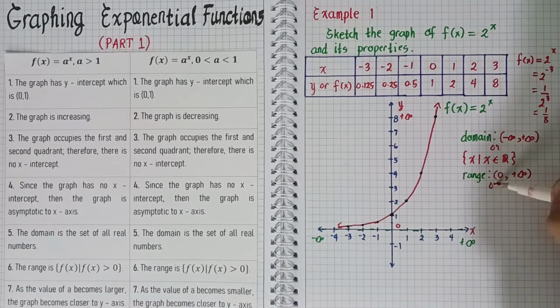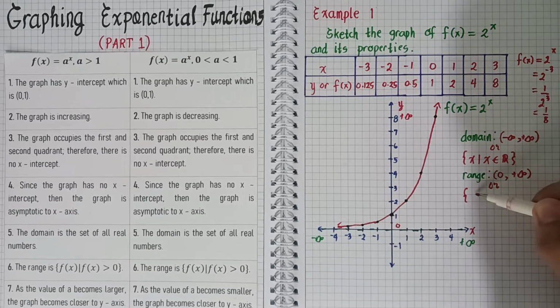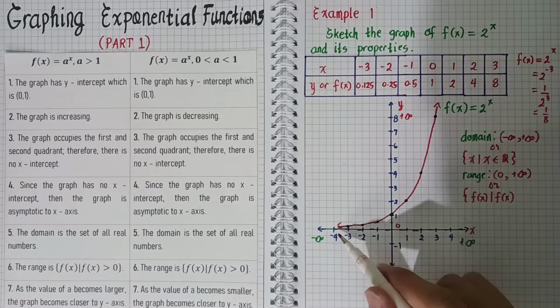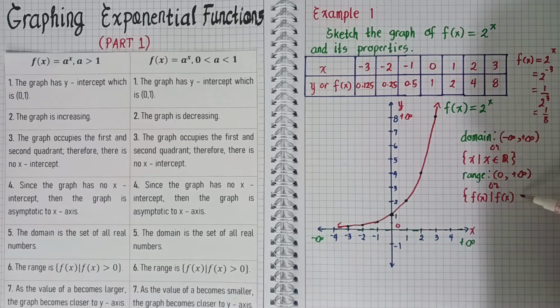Or, using set builder notation, pwedeng ganito, guys, i-express natin yung sagot natin as f of x such that f of x, since hindi siya pwedeng mag-equal to 0, the answer will be greater than 0. Okay.